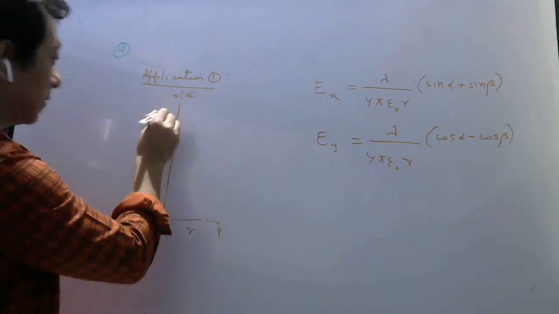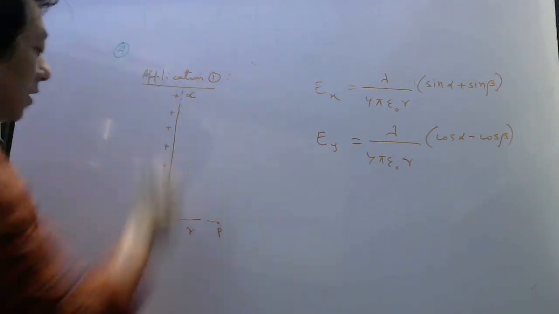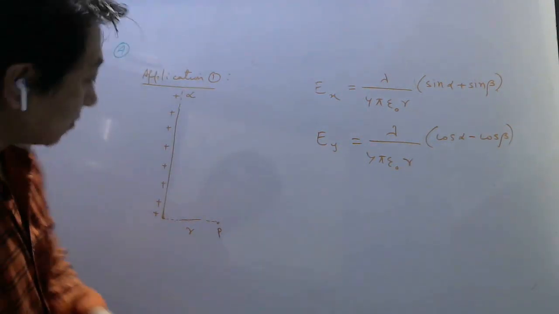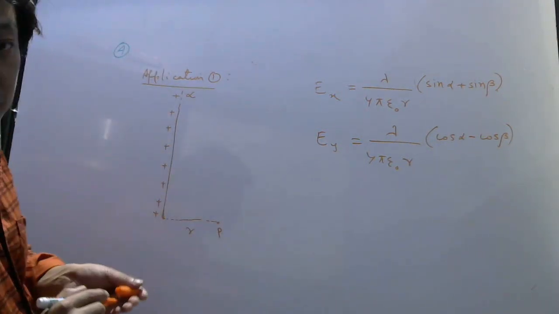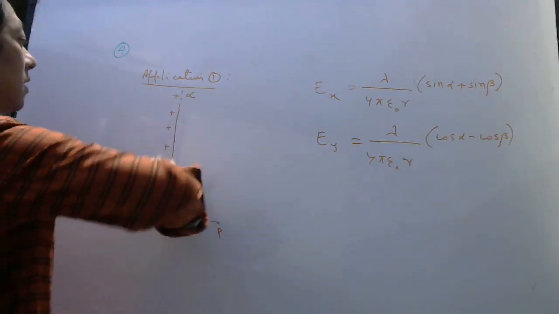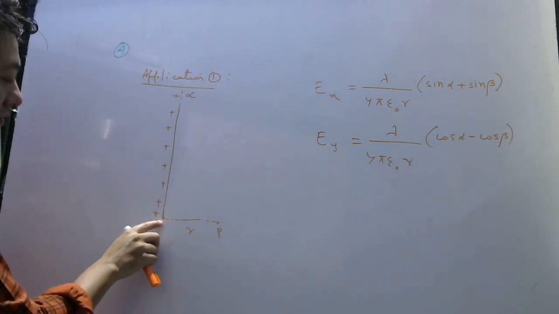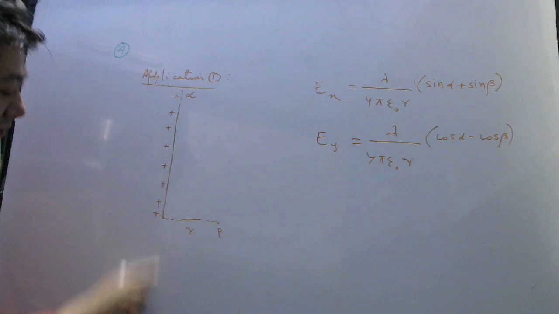This is line charge. So this goes up to infinity. So now this point is not in the midpoint, right? So this wire is basically infinite in this direction, but the other end is finite. It is here itself. It is not going up to infinity down.